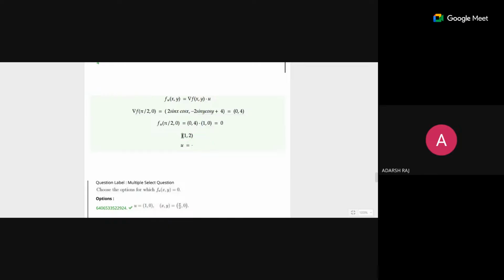To make it a unit vector, we have to divide this vector by its norm. So the norm of this vector is what? Root 5. Yes, root 5.